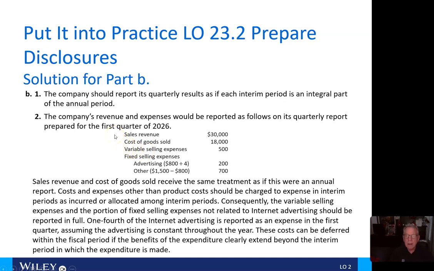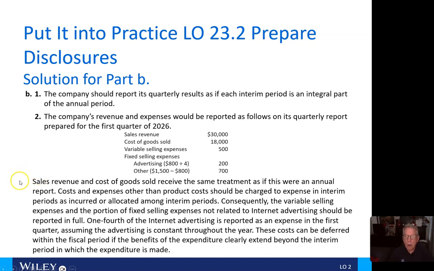And we have the sales revenue, cost of goods sold, variable selling expenses, and the fixed selling expenses broken down between advertising and other fixed selling expenses. Sales revenue and cost of goods sold receive the same treatment as if they were an annual report.